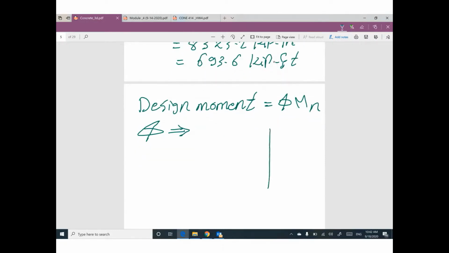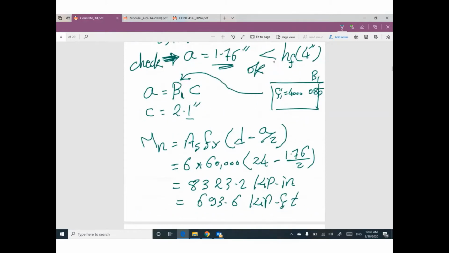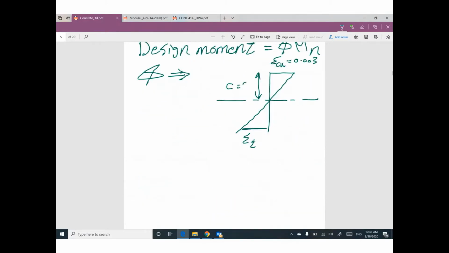We have strain distribution, epsilon steel, epsilon concrete equal 0.003. This neutral axis is at depth equals c, small c, 2.1. So the remaining distance will be d minus c, equal 24 minus 2.1, which is 21.9. Can you do triangle similarity between this triangle and this triangle?